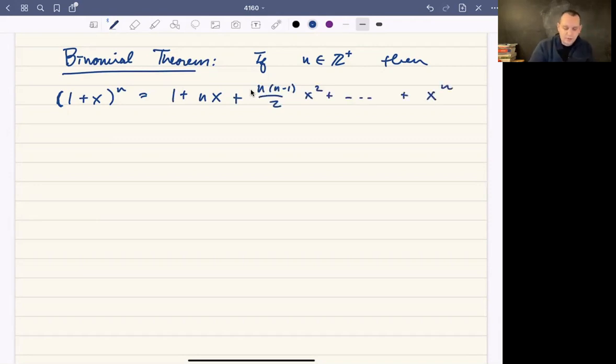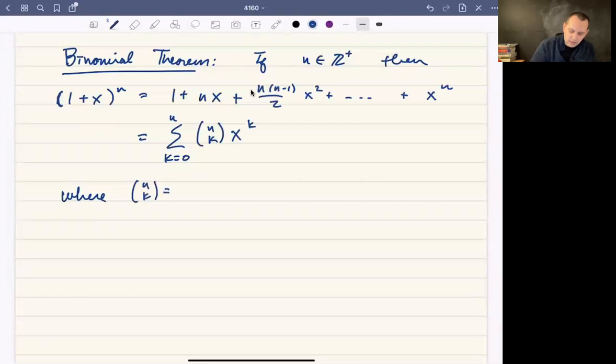Here the "and so on" means this is really the sum as k goes from 0 to n of n choose k times x to the k, where n choose k is n times n minus 1 all the way down. You have k terms, so that means you stop at n minus k plus 1.